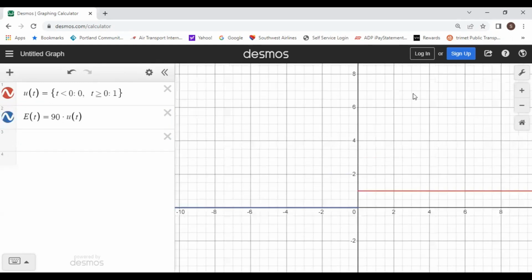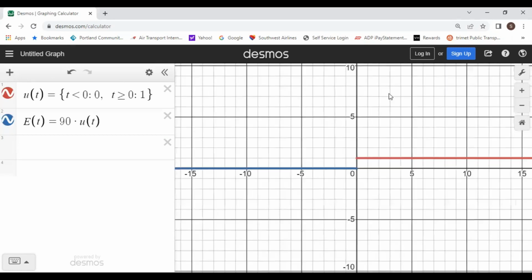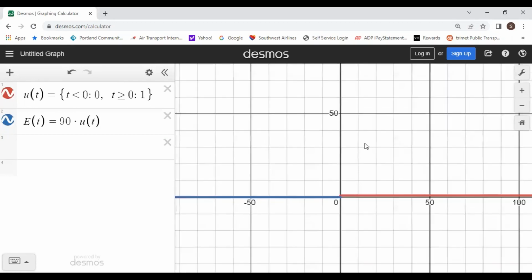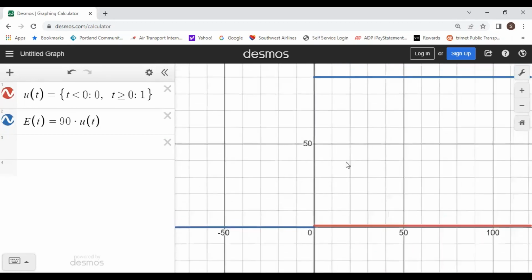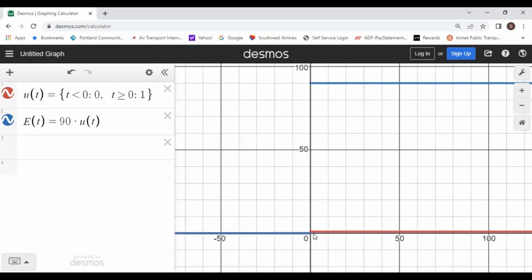Otherwise, it reserves lowercase e specifically for our old friend, the function named after Euler. So there it is. So this is the voltage that is initially 0, and then the switch is closed, and so the voltage starts being applied to the circuit, and there we have it.